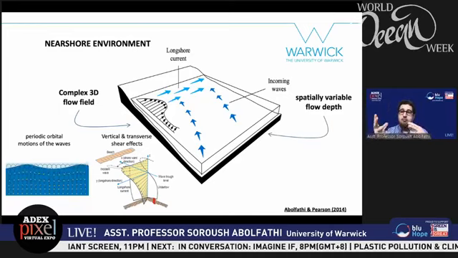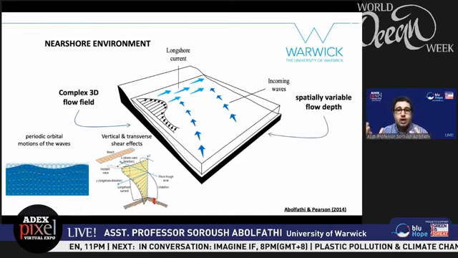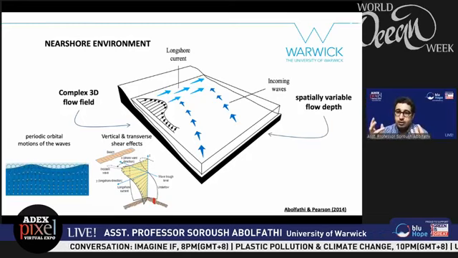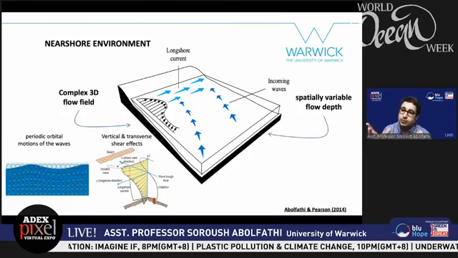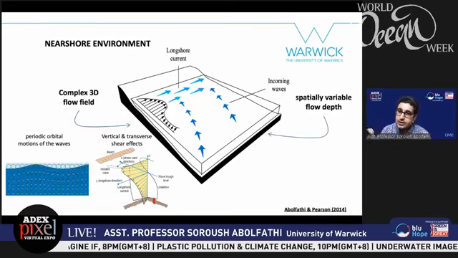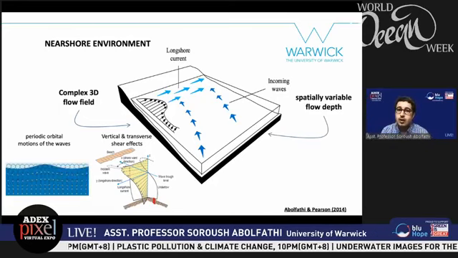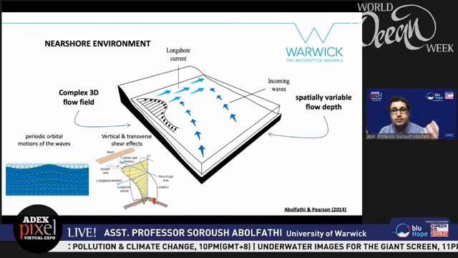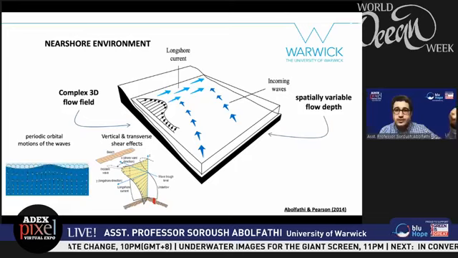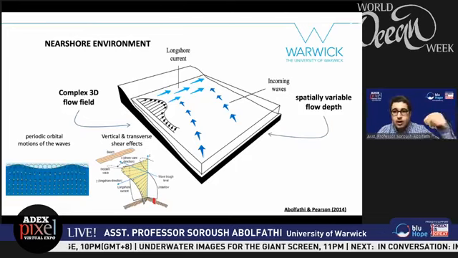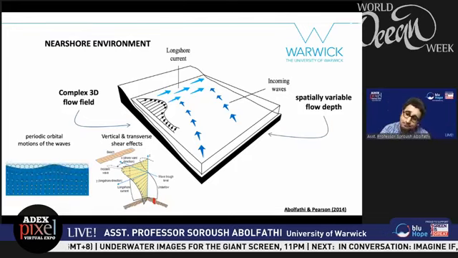As they mix, they create a very complicated, spatially varying, three-dimensional flow field. This makes it almost impossible to understand the behavior of pollution, to track where the pollution goes from point A to B, where it ends, etc.